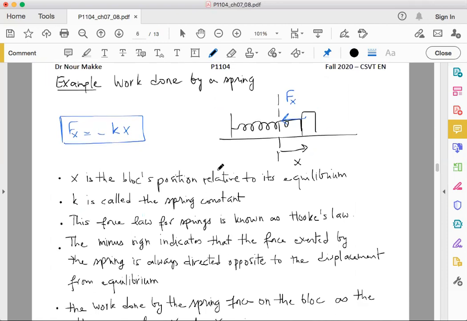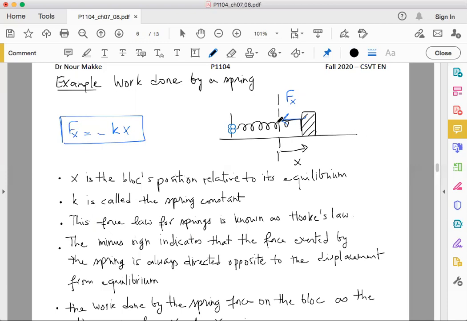So if you have a spring, you can either pull it outward or compress it. Let's suppose that in this case we have a block connected to the spring, and this block is pushed to the right.